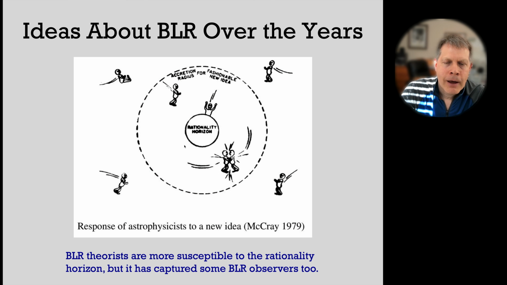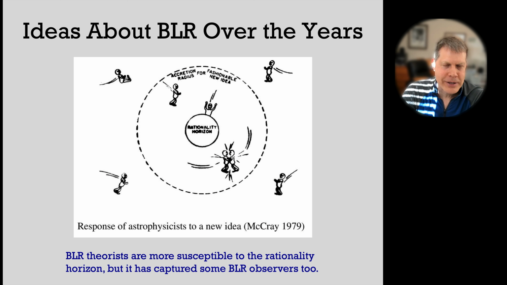producers there. And worst of all are the poor souls that fall down through the rationality horizon of the fashionable new idea. These astronomers go beyond rationality and no longer produce interesting ideas, perhaps because they are fully enthralled by this fashionable idea.